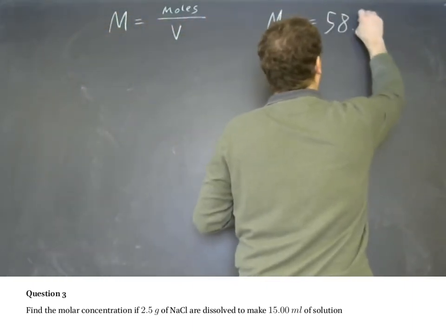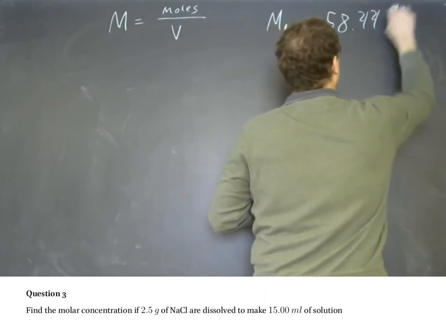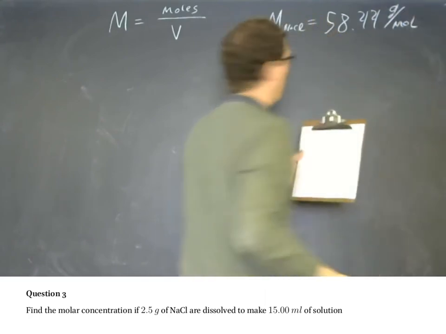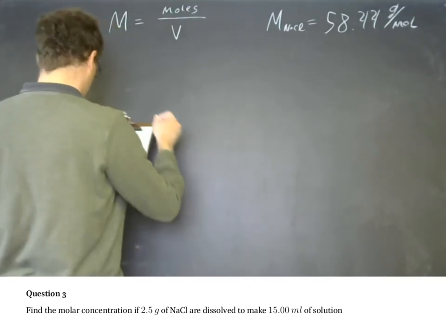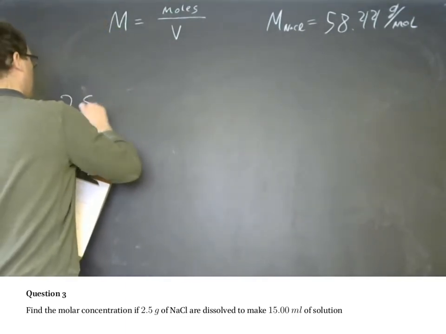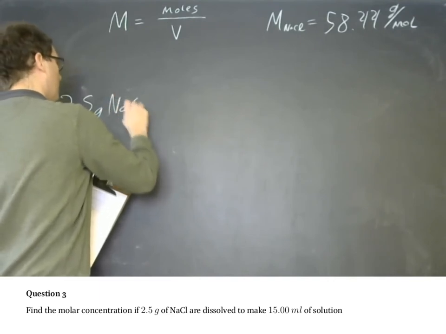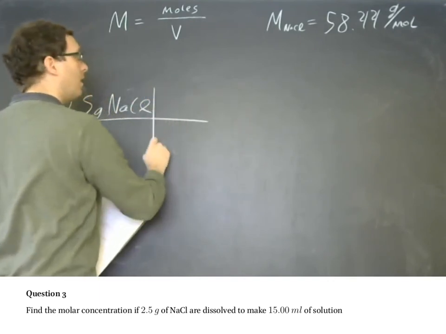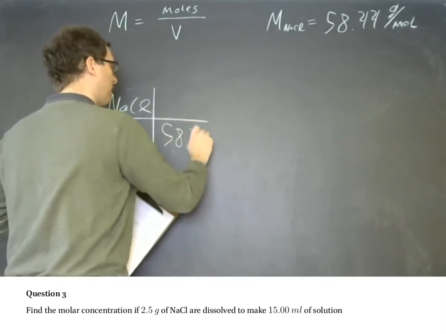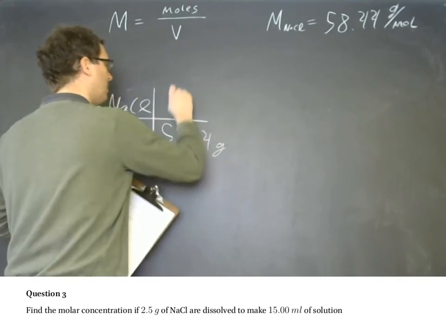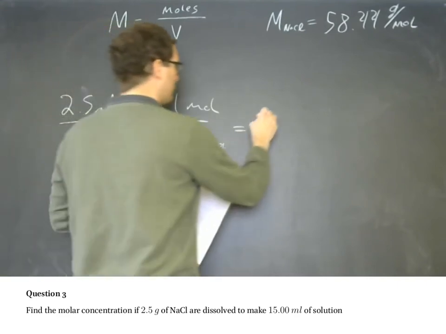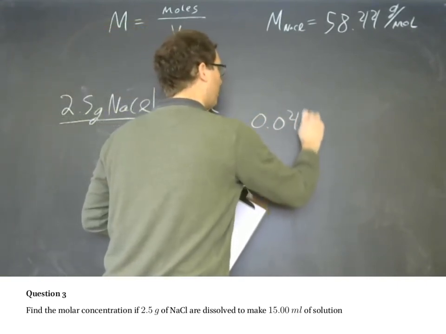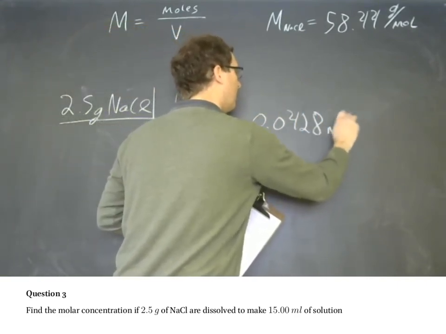58.44 grams per mole. And our 2.5 grams then, 58.44 grams is 1 mole. This is going to give us 0.0428 moles.